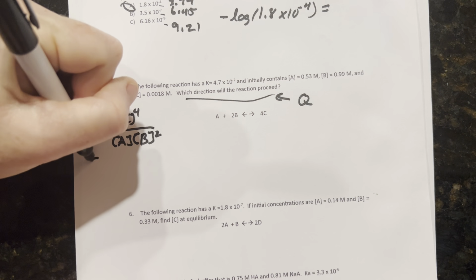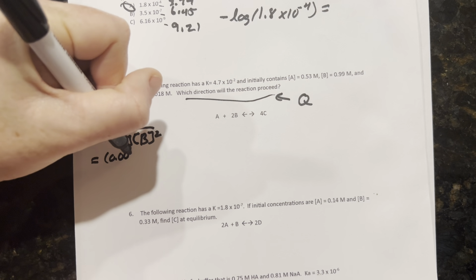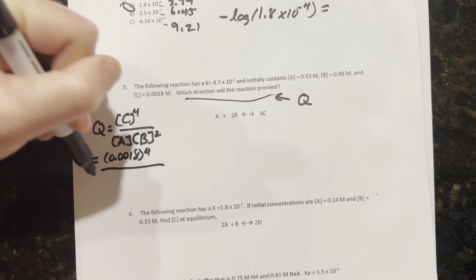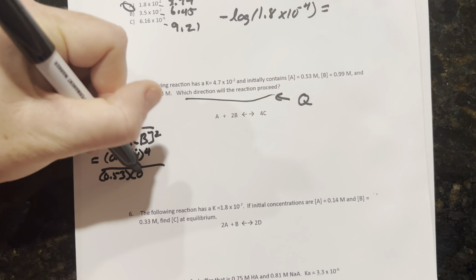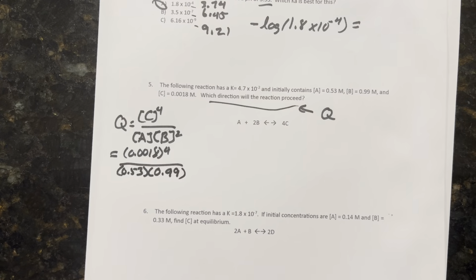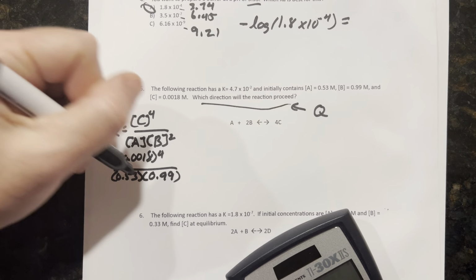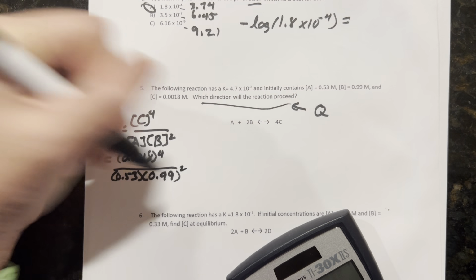Let's go ahead and plug some things in. Our C is 0.0018 to the 4th, all over 0.53 times 0.99 squared, sorry, I got it.